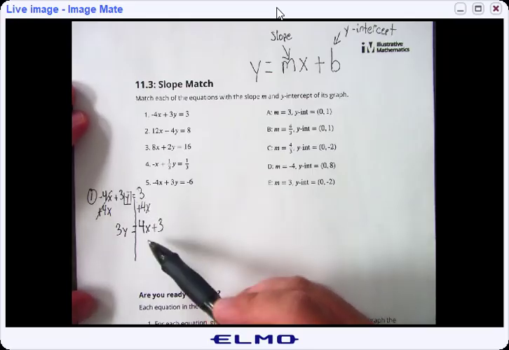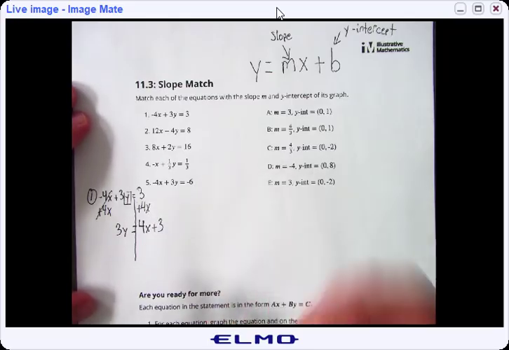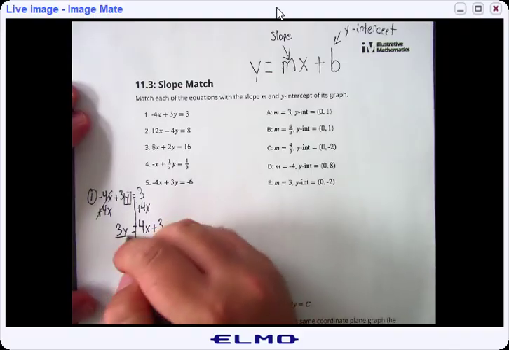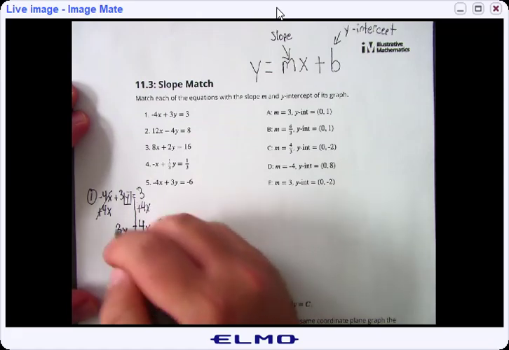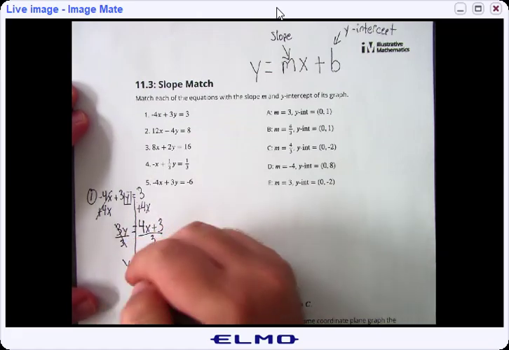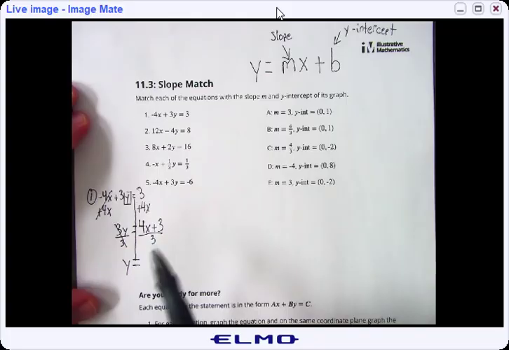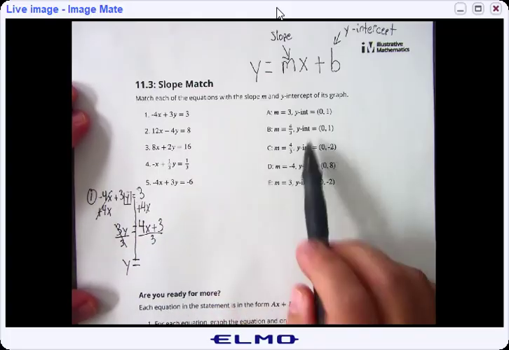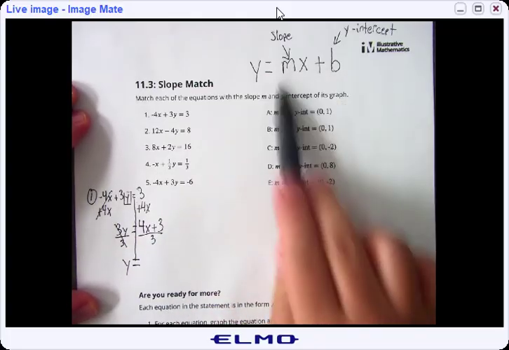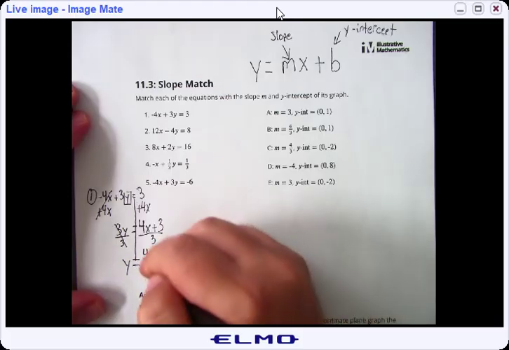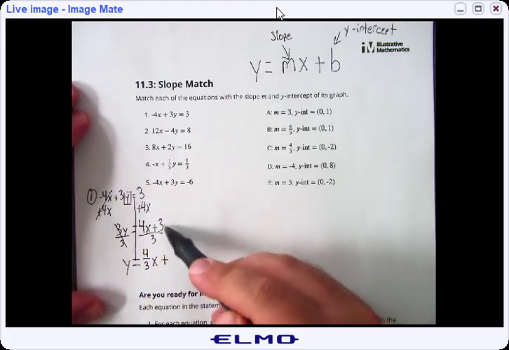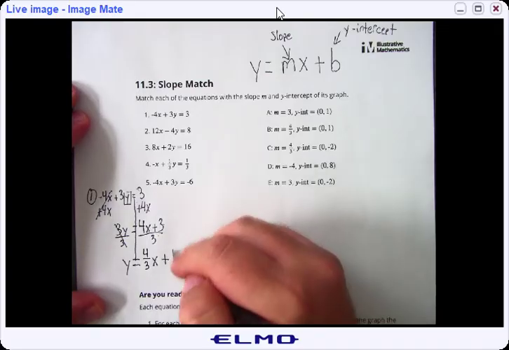The second thing we would do, just like any two-step equation, is divide by 3 to cancel that 3 off the y. That cancels these out, and we have y equals, and to make it look like slope-intercept form, y equals 4 thirds x, because we can't divide those evenly, plus 3 divided by 3, which gets me 1.